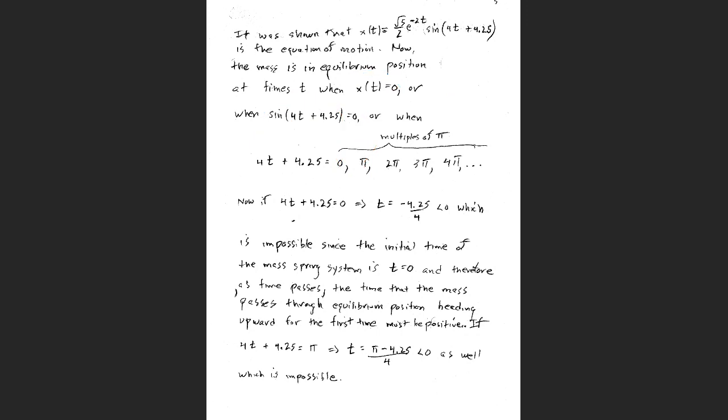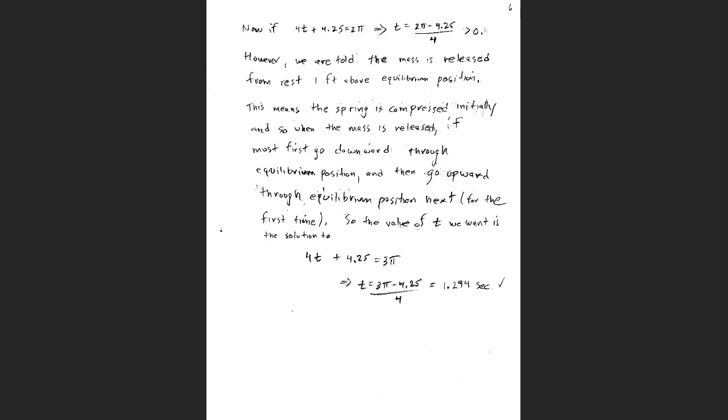So I go to the next page. I use 2 pi next. And here we go. t is going to equal 2 pi minus 4.25 over 4. Well, pi is 3.14, so that is going to give us our positive time.